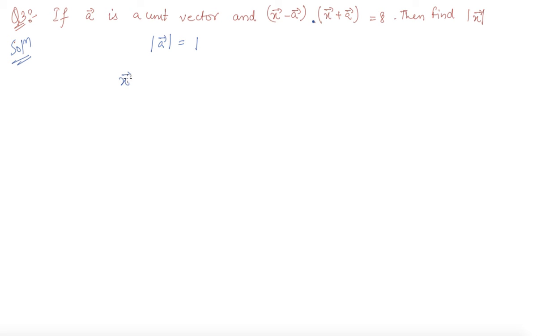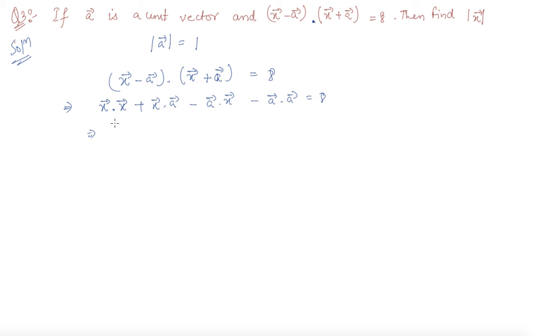So x minus A dot x plus A is given as 8. So I can apply the property: x dot x plus x dot A minus A dot x minus A dot A, which is given as 8.